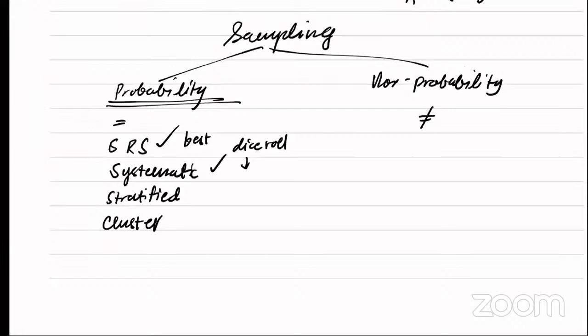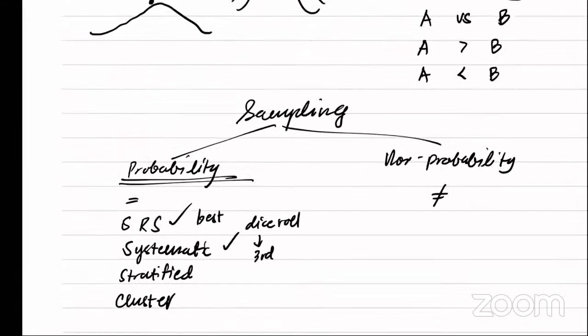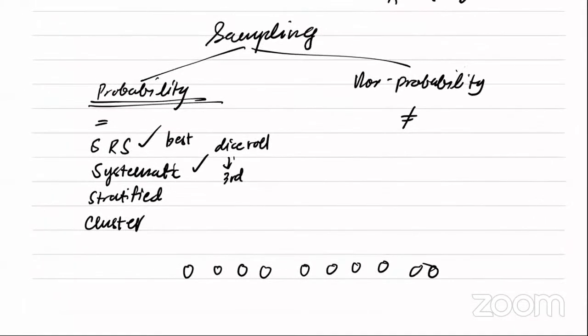For example, another dice roll ulit, and then every third sample ang kukunin natin. So if you have 10 samples, for example, meron tayong 1, 2, 3, 4, 5, 6, 7, 8, 9, 10. Then you're going to select every third sample. So 1, 2, 3.